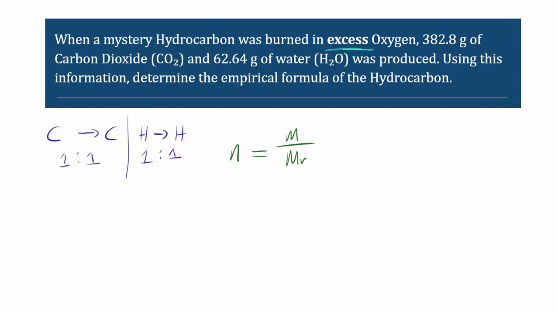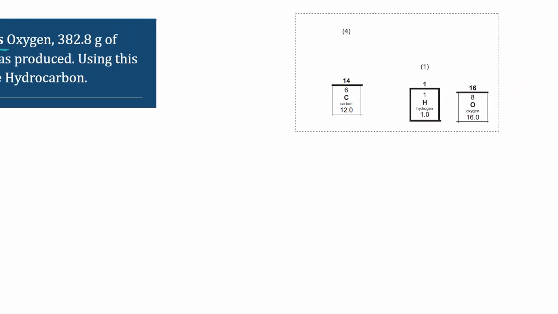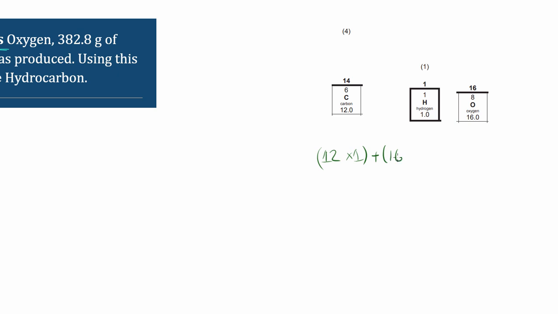So we're going to do the carbons first. For CO2, that's 12 multiplied by the occurrence of the carbon, which is 1, plus the occurrence of the oxygen, 16 times 2, and if you work that out, you should get 44.